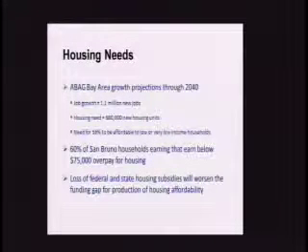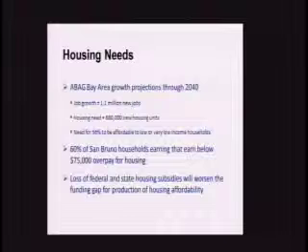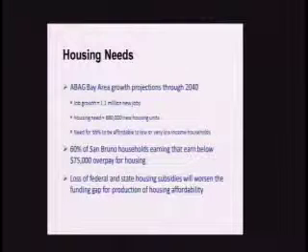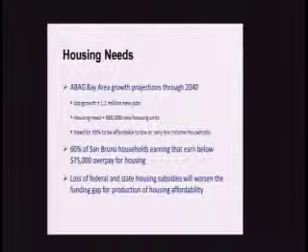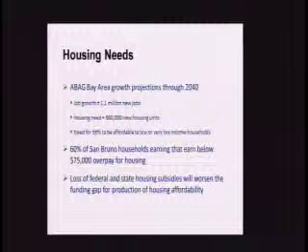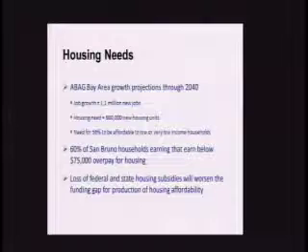The housing element starts with housing needs, and just to give you a little bit of context and background, ABAG has done projections through 2040, and they basically project that in the Bay Area there will be a growth of about 1.1 million new jobs throughout the Bay Area.